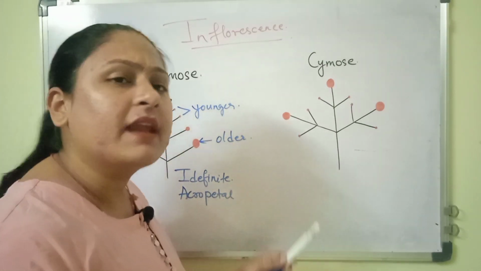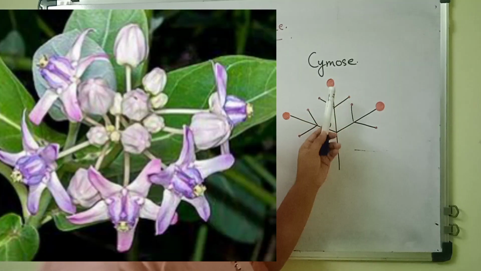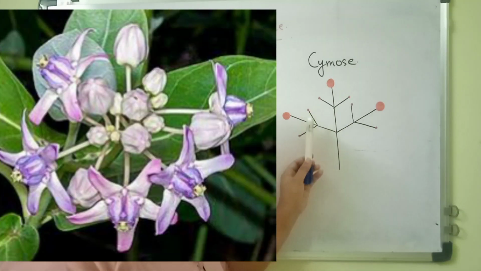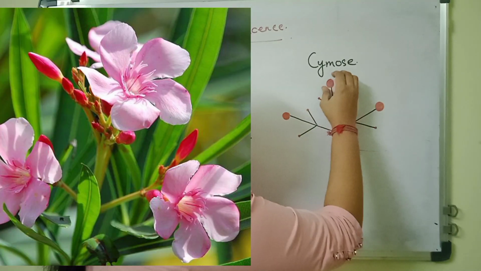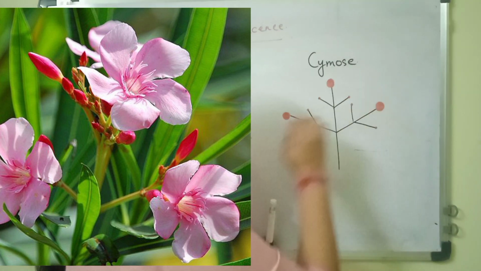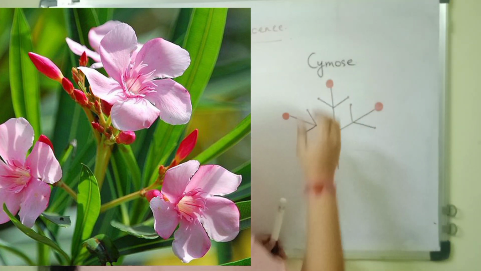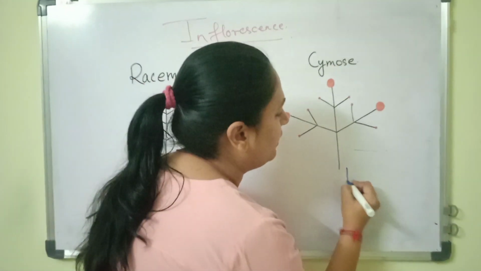Then there are certain plants in which the floral axis of the stem terminates to produce a flower. At the tip of the floral axis there is a mature flower, so there is a termination. The growth is not indefinite here.